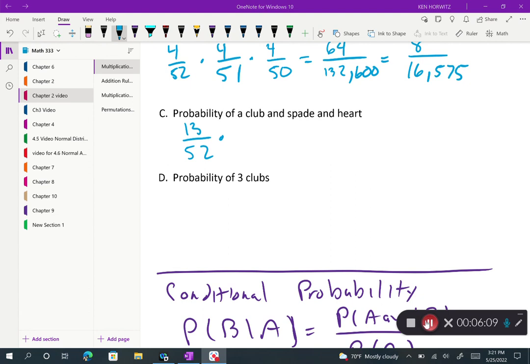So a club, 13 out of 52. Then we draw that club. So there are 13 spades, but we only have 51 cards in the deck now. And then after we draw that one, we still have 13 hearts, but only 50 cards. All right. So why don't you pause the video, do some multiplication, and we'll talk about the answer on the back end.